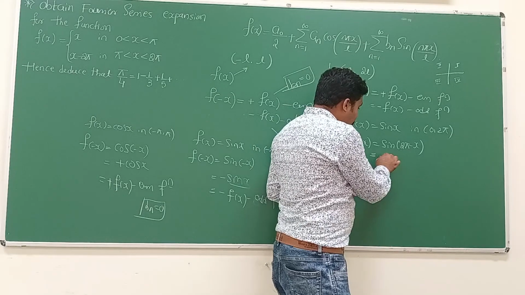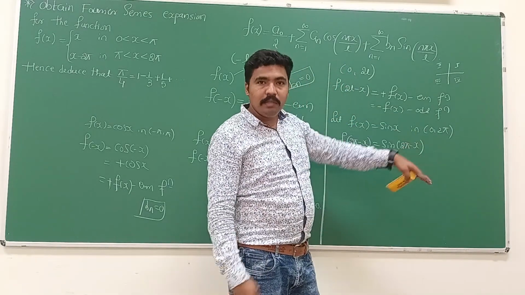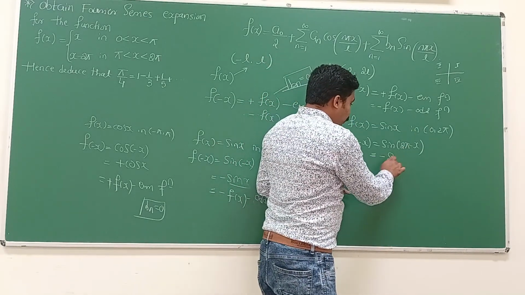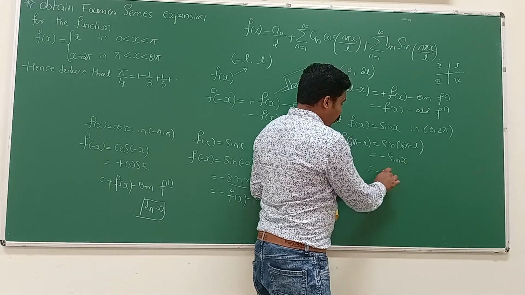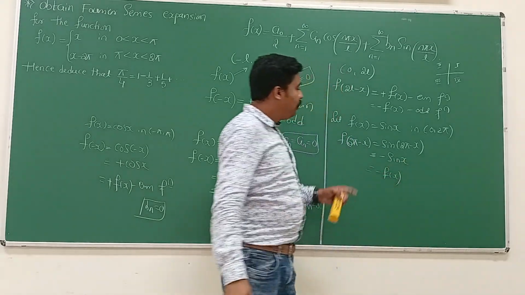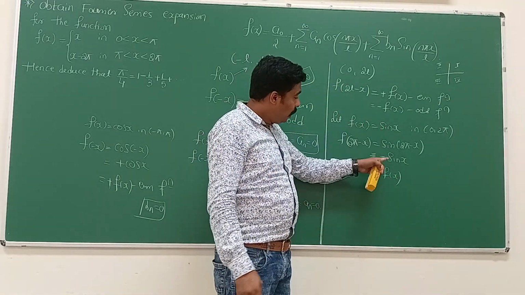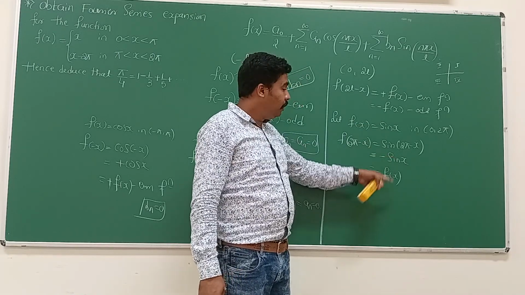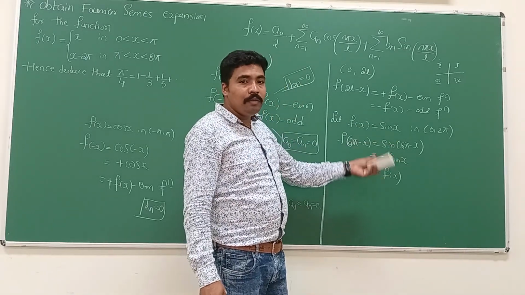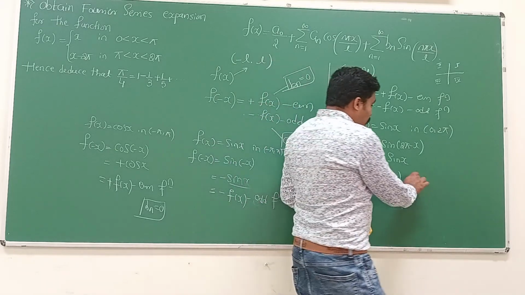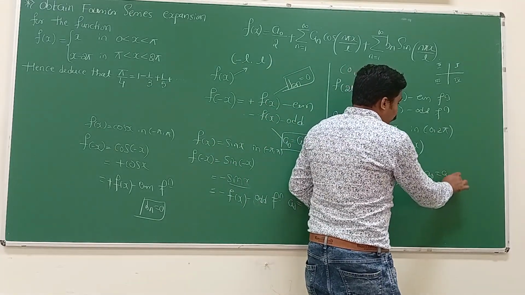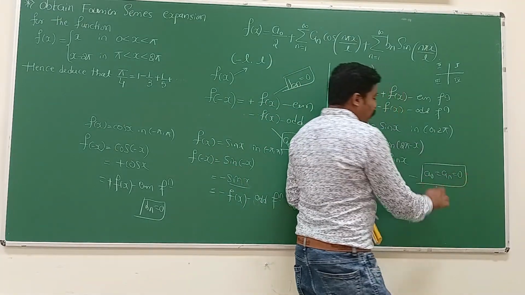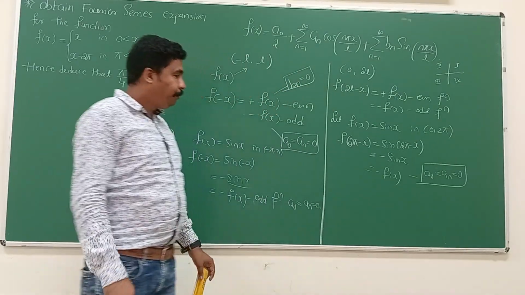So it is minus, and sin of 360 minus x is sin x itself. So minus sin x. Therefore it is minus of f of x, because our f of x is sin x. It is clearly an odd function. For an odd function, a0 and an should be 0.